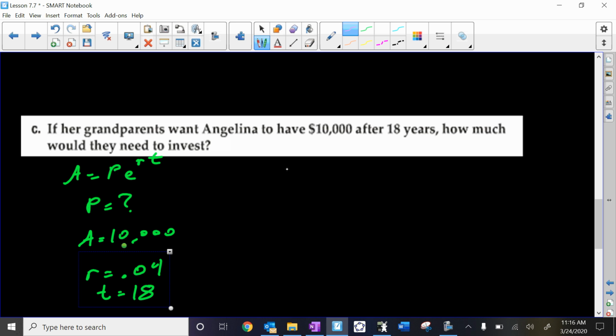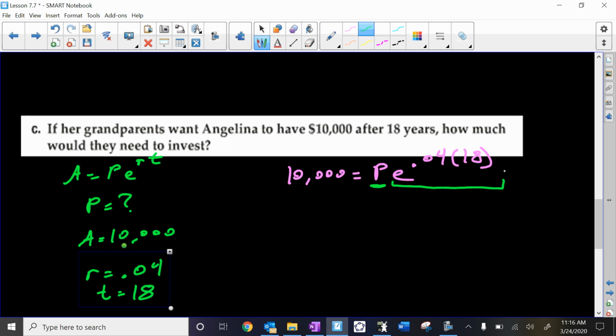So plugging this in, now I have 10,000 equal to, trying to figure out what P is, times e to the rate of 4% times 18 years. We're going to plug this all in at once. Remember, e is just a number. So I've got a variable P times all of this as a number.